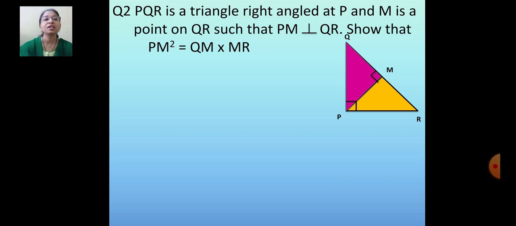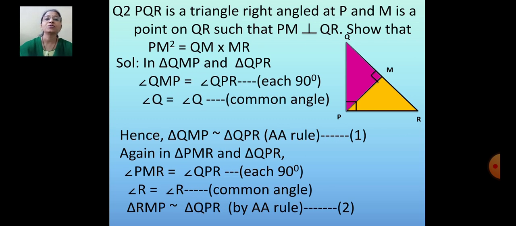That means the square of that perpendicular segment is equal to the product of the lengths of the hypotenuse segments in which it is divided. So this property is known as geometric mean property. Now let us see how to prove.